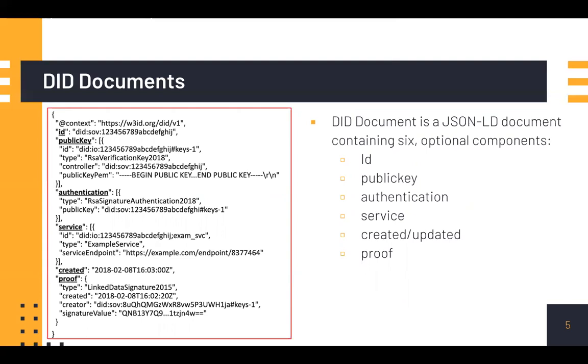The service component provides you a service endpoint in order to access the service behind this DID. Also, the created or updated field tells you when this DID document was created and updated. The last one is the proof, which basically is a signature on this DID document, showing who has signed it with which key. So this is basically the structure of the DID document.